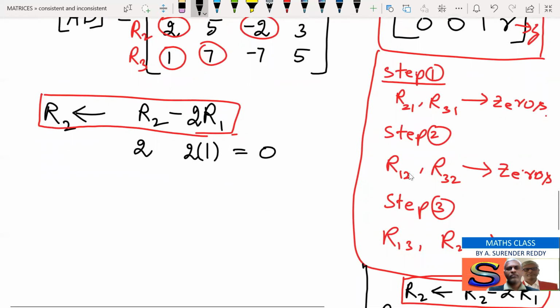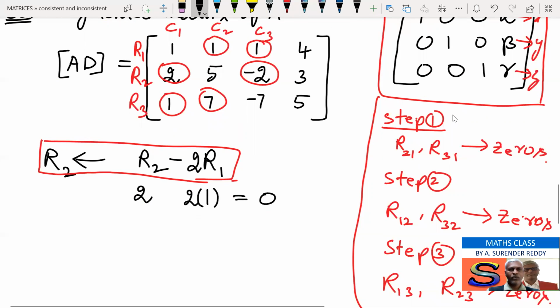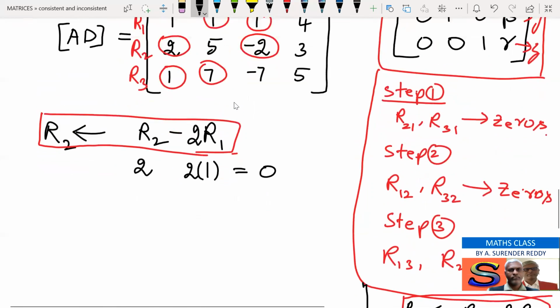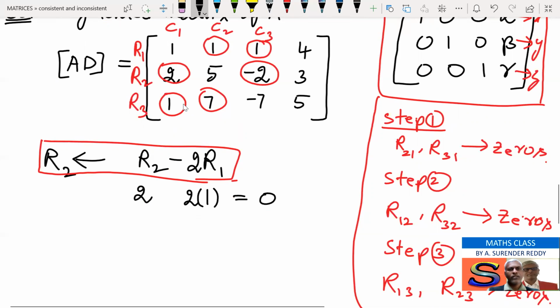Next, in the third row, the first element should become 0. For this also, we take the help of R1. In step 1, R1 has no change, and we take the help of R1: for R2, R1, and for R3 also R1.